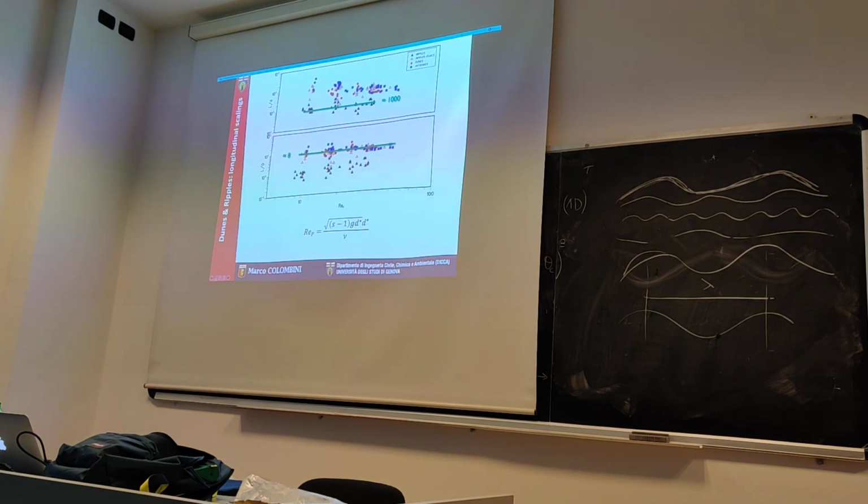On the contrary, the wavelength of dunes should be related to the flow depth much more than to the grain size. Okay? Both of the things have an influence, of course.